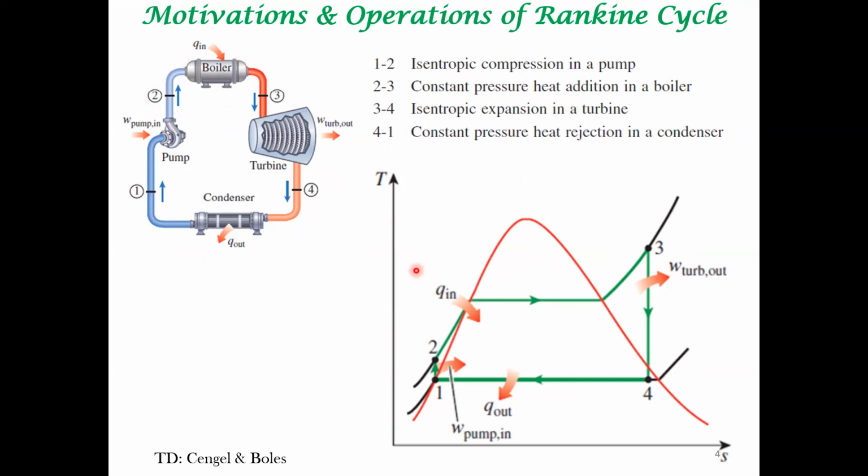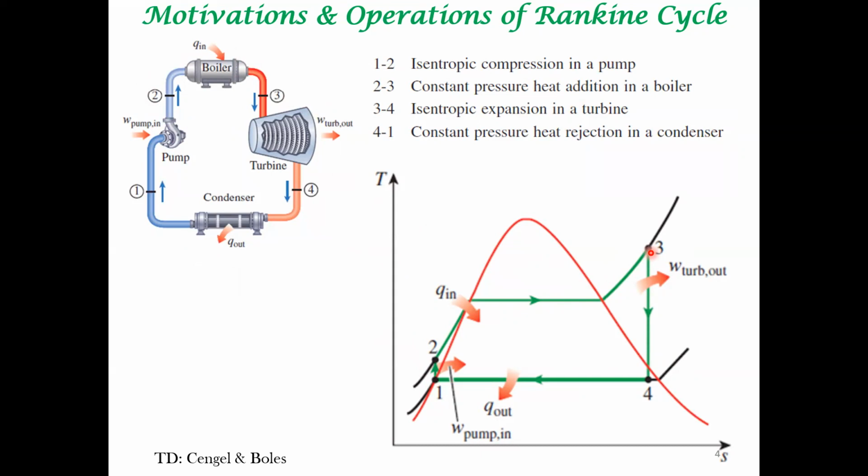Okay. So how do you do that? You add the heat and you get it to a superheated steam state. So there's a constant pressure heat addition till you reach the superheated state.